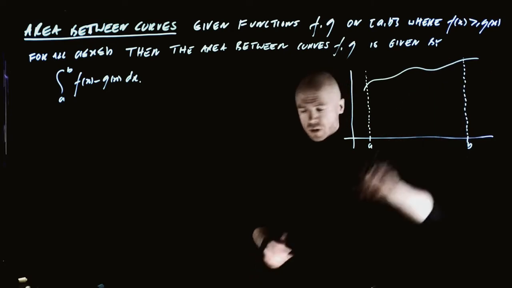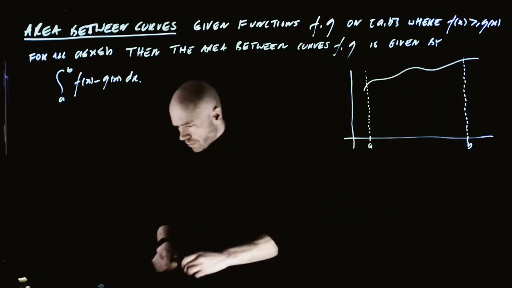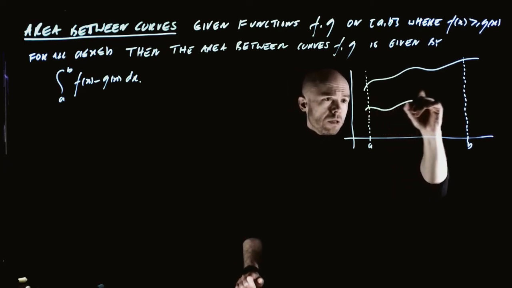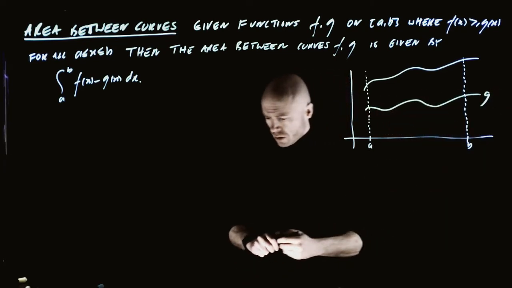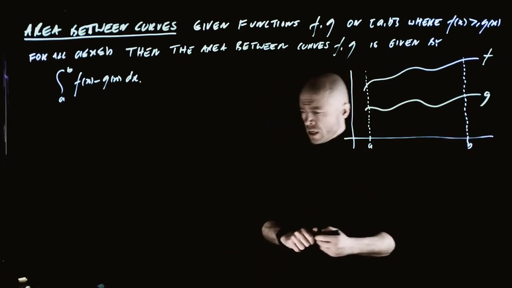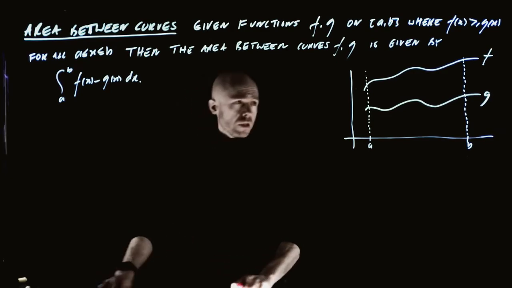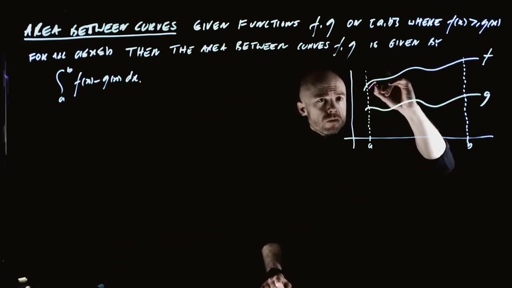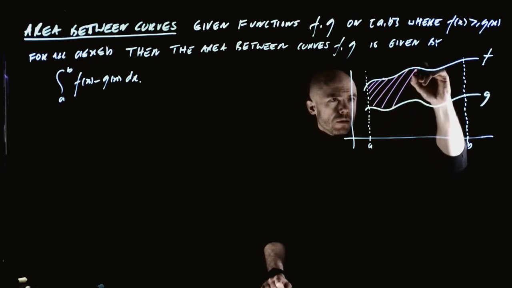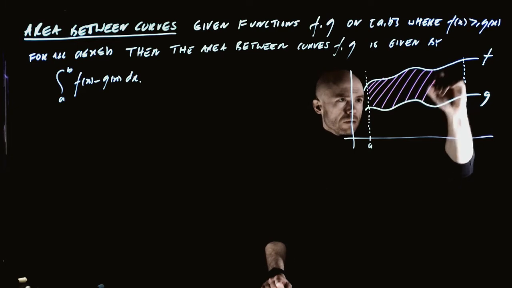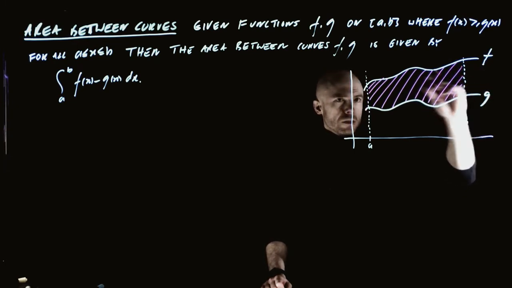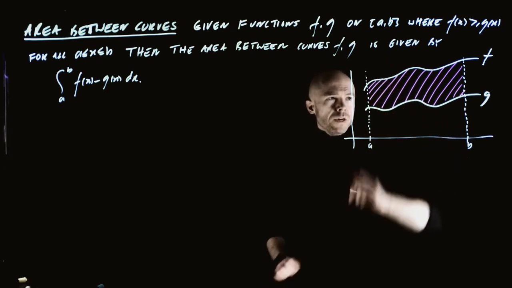Let's take our function g underneath it, so this is g, this guy's f. And the area between these two things is clearly this red stuff here that I'm sketching out. That's the area between the two.